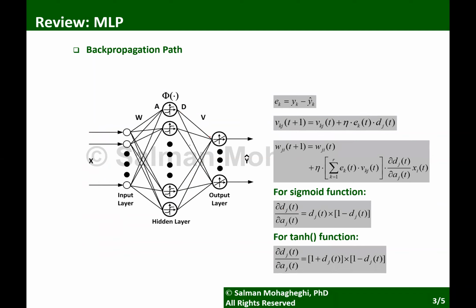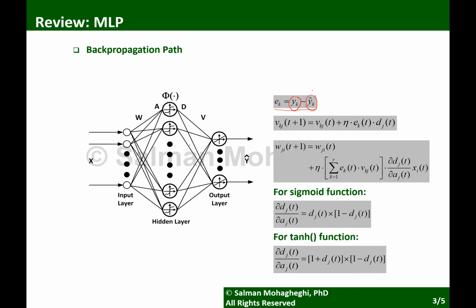Once we have done the feed-forward path, we will move to the backpropagation path. This is the path we take for updating the weights of the neural network, which is essentially what we mean when we say we are training the neural network. The first step would be to form an error signal. So the error signal for any particular neuron would be the actual output corresponding to that input minus the estimated output that is provided by the neural network.